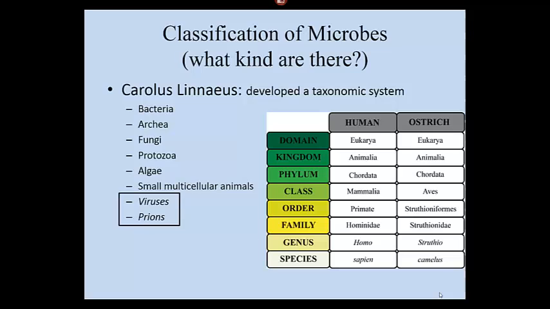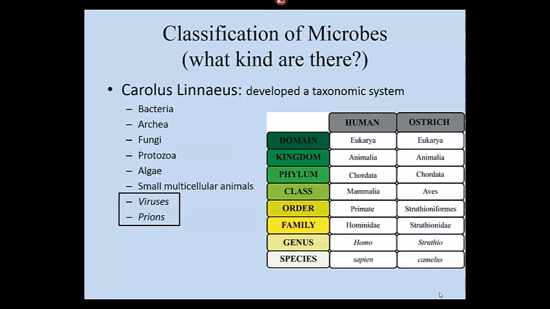You're getting fewer and fewer organisms in each level of classification as you move from the domain down to the species. So this example that you're given here for the human and the ostrich, I just snagged an image off of Google Images. It gives you an idea of the terminology that's used.